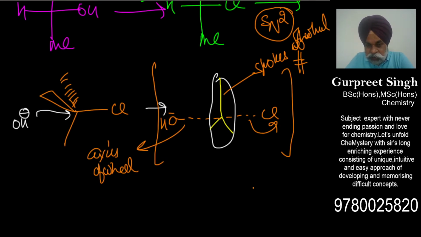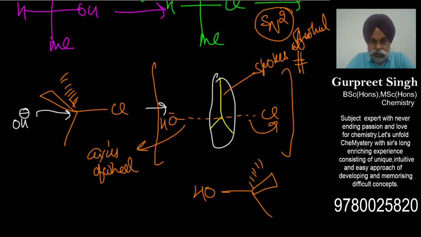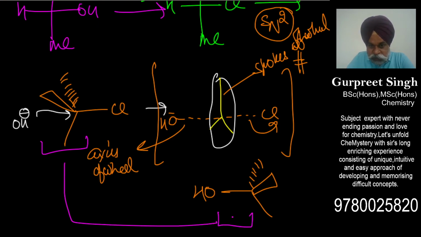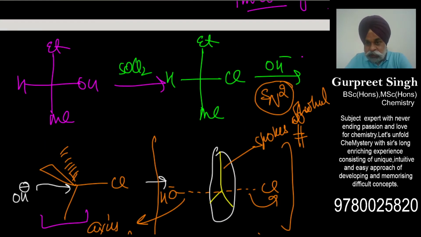So basically what you happen to get as a final product is the OH on this side. It is total inversion of configuration. So you started with this one, and this is the inverted product. During SN2 you would get the inverted product. So now you would get OH on this side, it is the inverted product you are going to get.